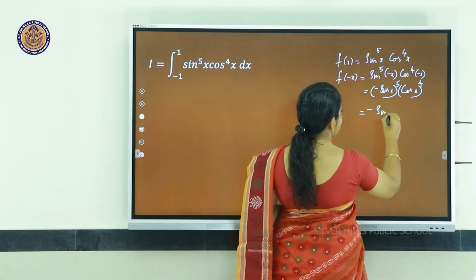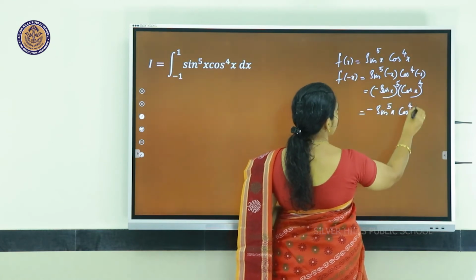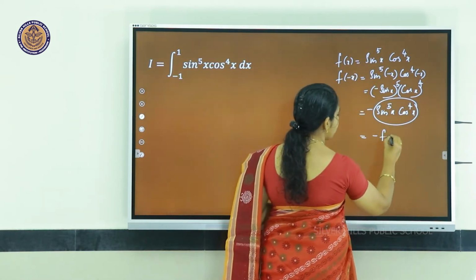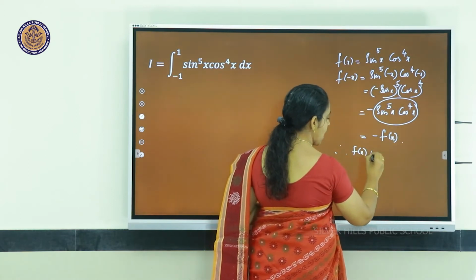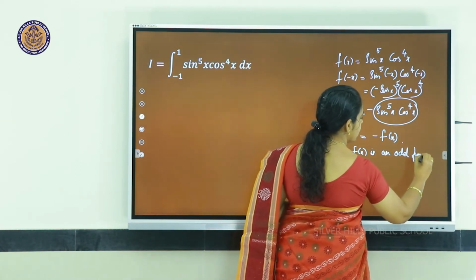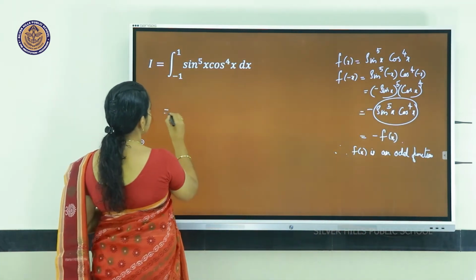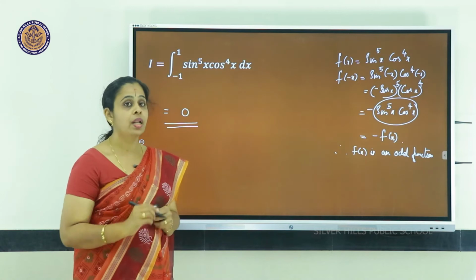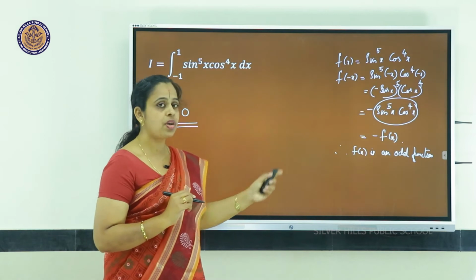Negative sin raised to 5x cos raised to 4x. What is this part? This is our f x. So, minus of f x. Therefore, f of x is an odd function. Therefore, the value of our integral will become 0. Very simple, but you can do it the simpler way only if you can understand the function is odd or even.